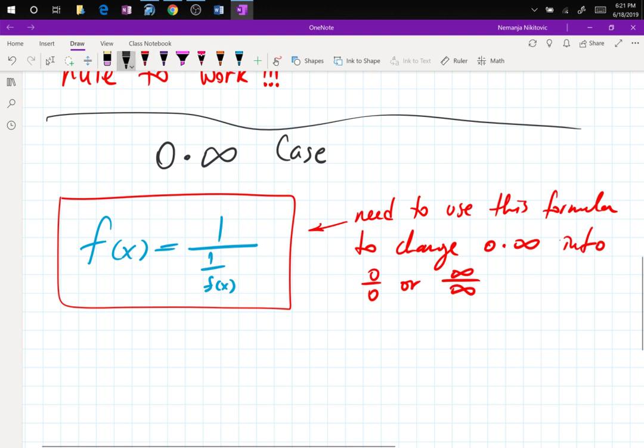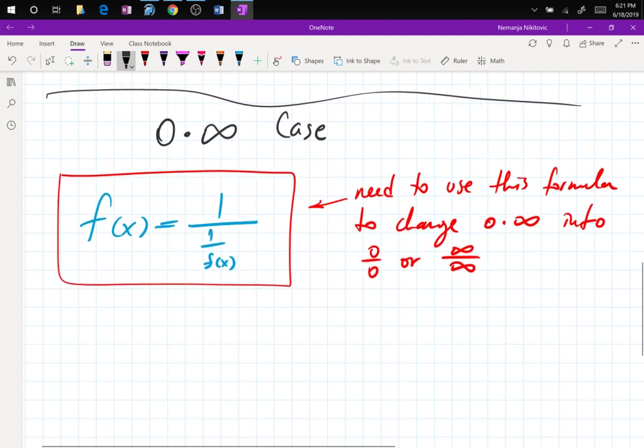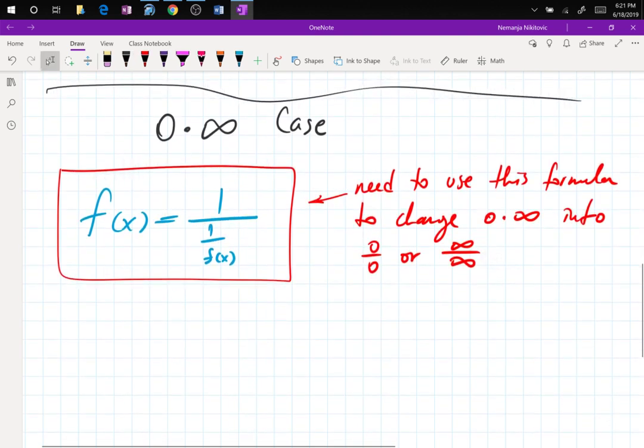So now let me give you an example of this. Let's say you have limit x goes to 0 of x ln x.